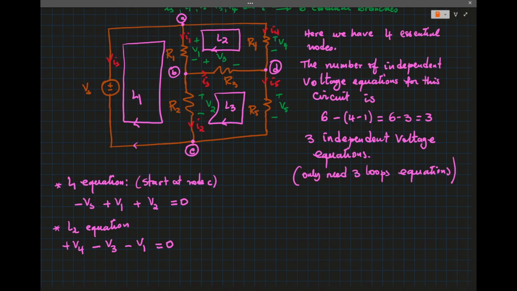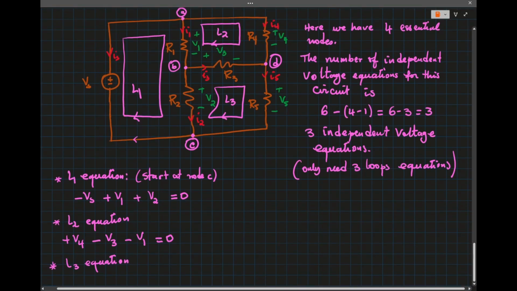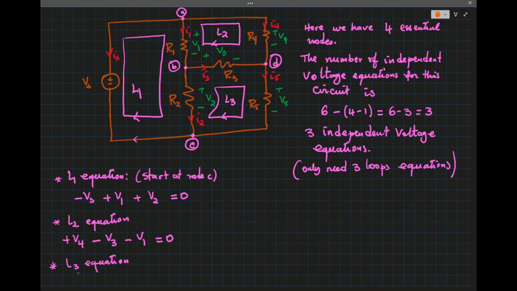Now let's do the loop 3 equation. I'll start from C and move clockwise.